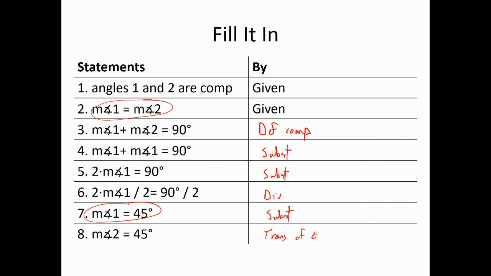It could also be called substitution, but I love to call cases like this transitivity of equality because it really is transitivity, right? We have two quantities, each equal to the same quantity. That is, angle 2 is equal to angle 1 and 45 degrees is equal to angle 1. And then it follows that those two must equal one another. That is, the measure of angle 2 is 45 degrees. And with that, the table is complete.